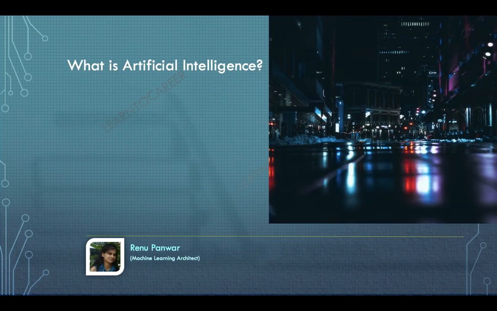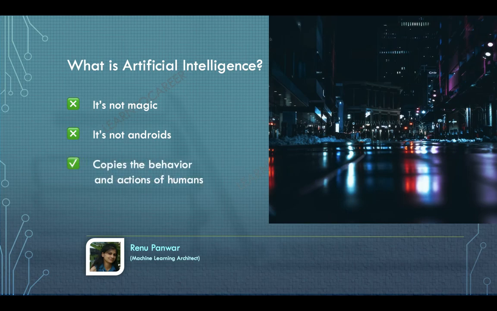So, what is artificial intelligence? Well, it's not magic that will solve all of our problems, unfortunately. Nor is it a fully functioning android or robot that walks among us. Not yet, anyway. Simply put, artificial intelligence is software or a computer system that can copy the behavior and actions of a human.